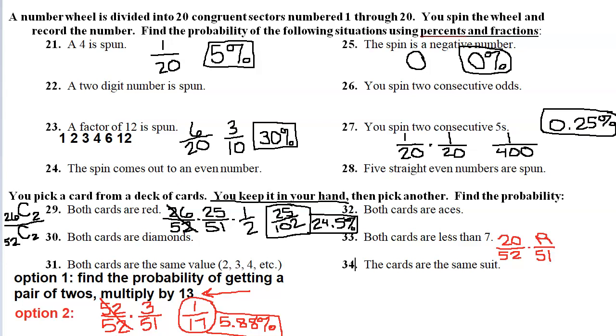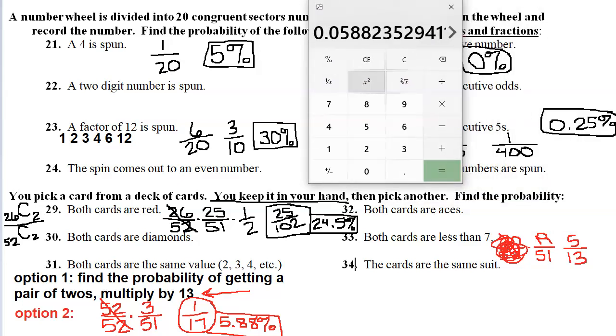So what you end up getting here, 20 out of 52 reduces, so I'm going to get rid of that, and I'm going to just call it 5 out of 13, just to hopefully clean this thing up a little bit. But that's still not going to clean it up a lot, because 19 and 5 are both prime numbers, and so is 13. So this is really not going to reduce very well. So 19 times 5 is 95.